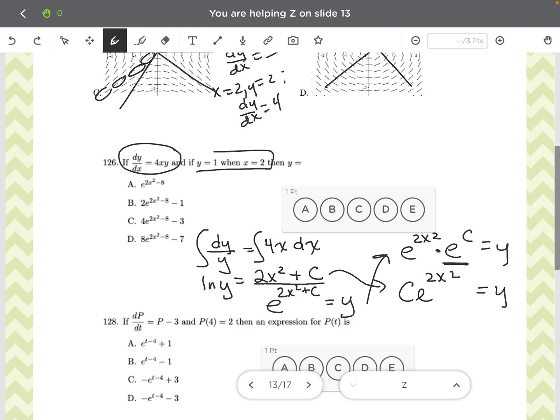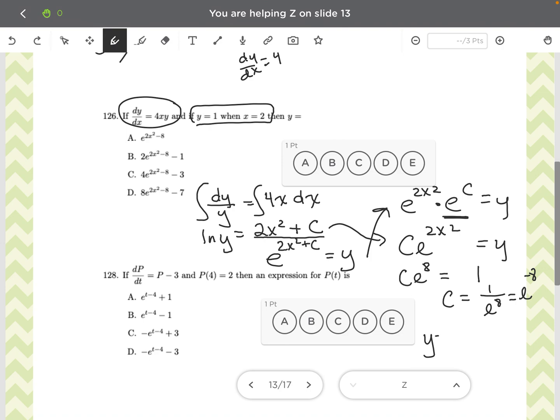Now I have a point to plug in. They tell me when x is 2, so if I plug in 2 here, I get 8. y is equal to 1, so let's go ahead and solve for c. So c is really 1 over e to the 8th, or that's the same as e to the negative 8. So my final solution is y equals e to the negative 8 times e to the 2x squared.